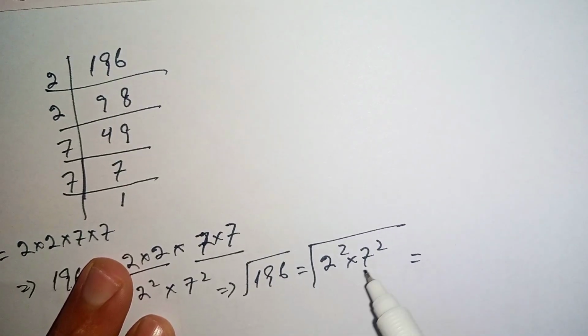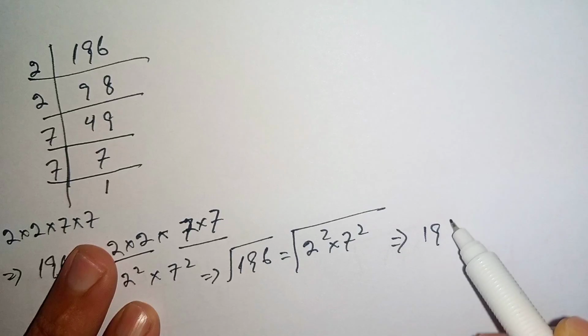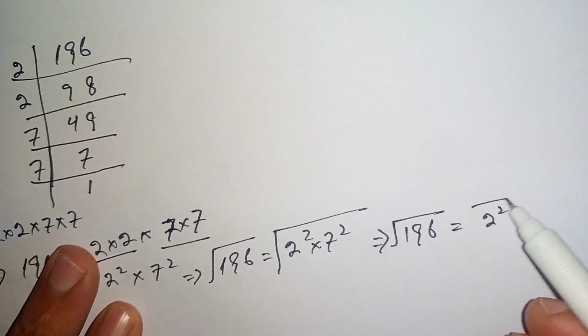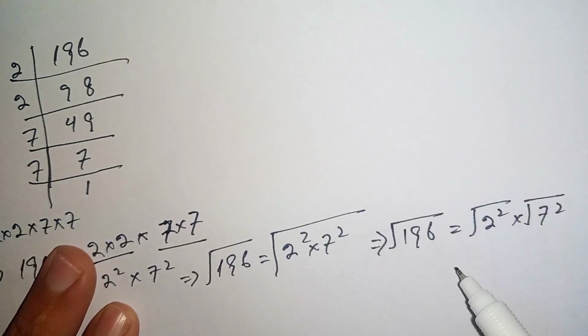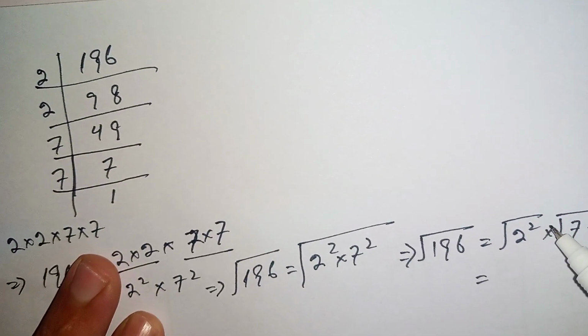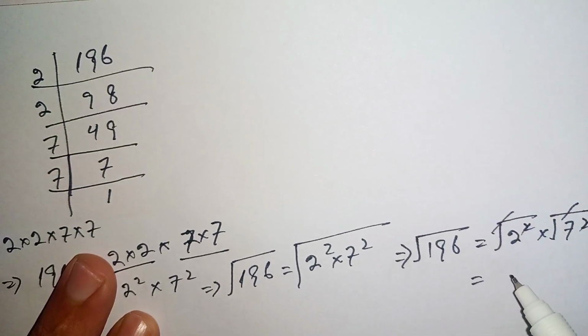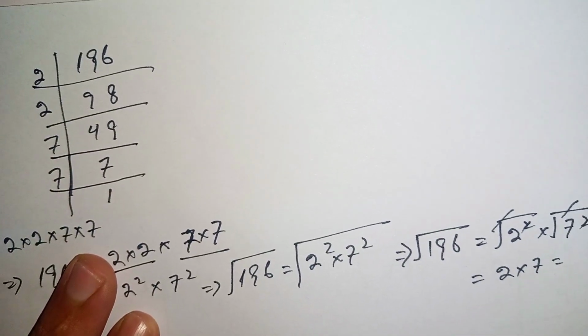So the square root of 196 is equal to the square root of 2 square multiplied by 7 square, which is the square root of 2 square multiplied by the square root of 7 square. Now we will cancel out this square with this square root and this square with this square root, and the remainder is 2 multiplied by 7, which is equal to 14.